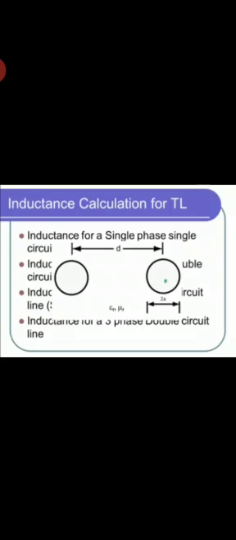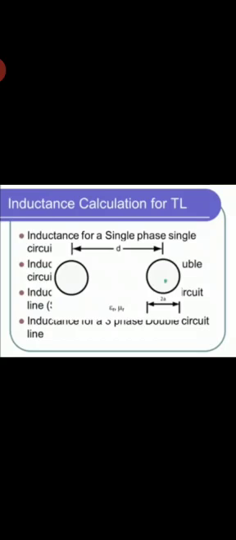You can see here we have two conductors, and they are displaced by some distance d. So d is the distance between the two line conductors. This is a single circuit. In a single circuit we have two conductors displaced by the distance d meters.